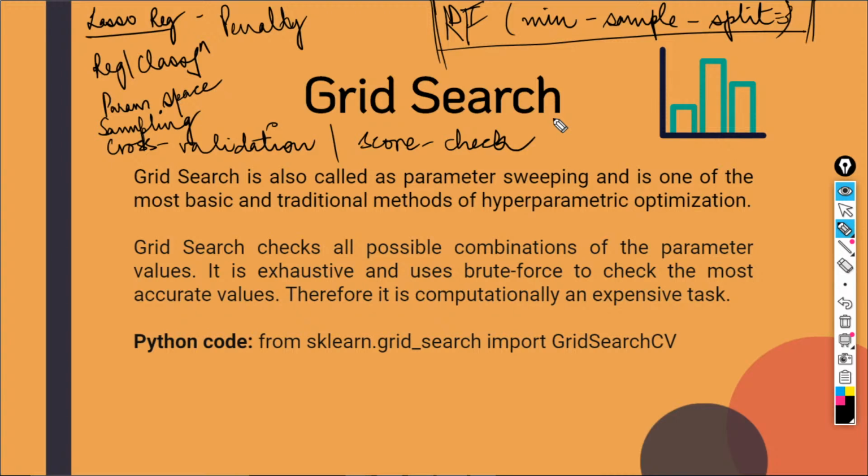Now, when we talk about which of these, where, why, and how we use them, let us understand that grid search is not used in all cases, right guys? Grid search is generally used when you want to find out parameters over a lot of values, right?